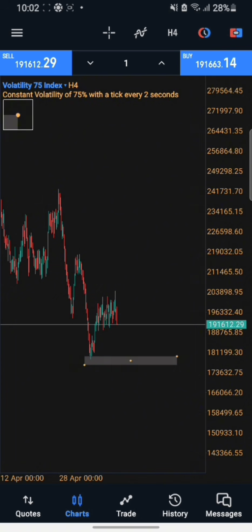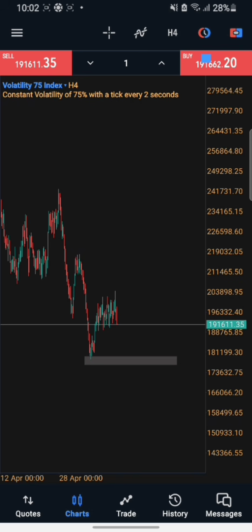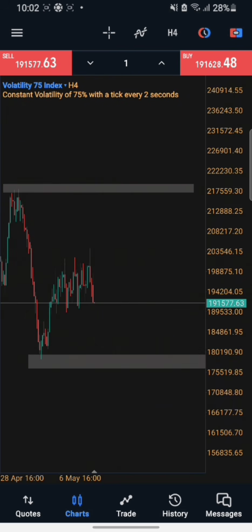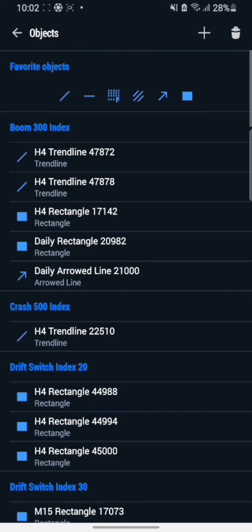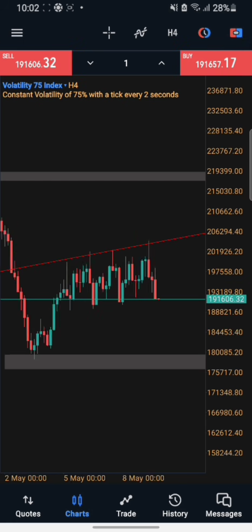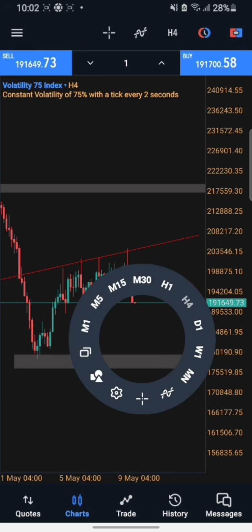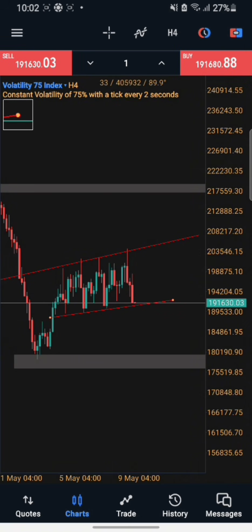So with this 486, let's look for trades in the volatility 75. So this volatility 75, there was sort of a rising wedge. So before we identify that rising wedge, let's identify the areas of support and the areas of resistance. These are very important, even though they may not aid in your trading, but they are very important to note.